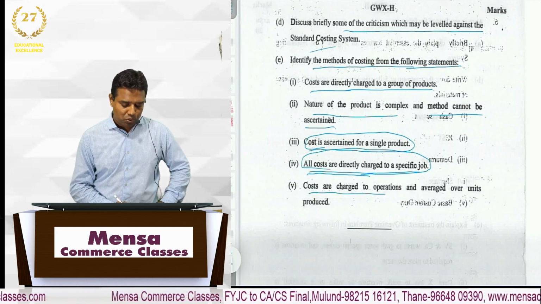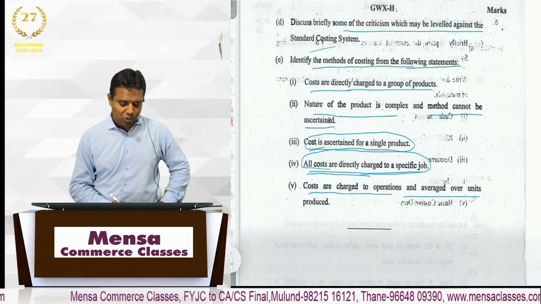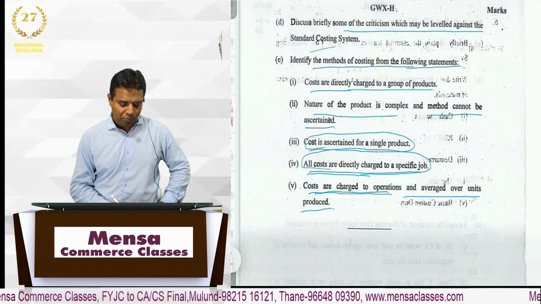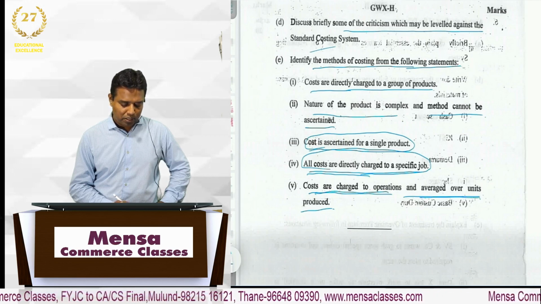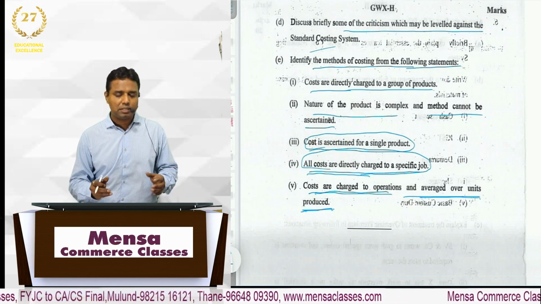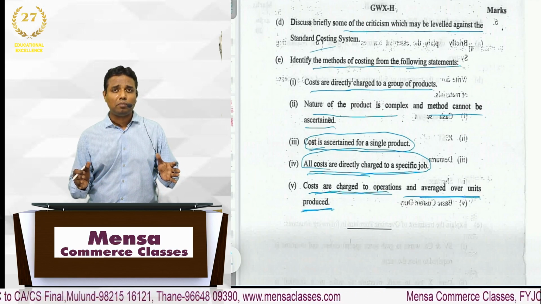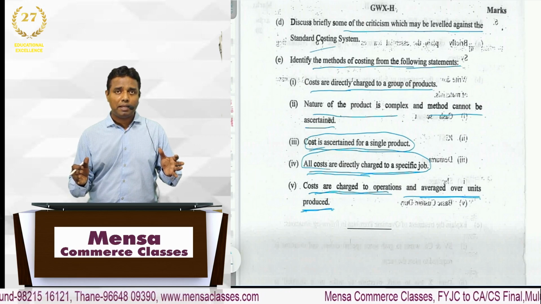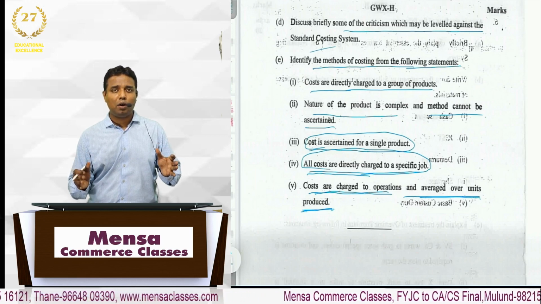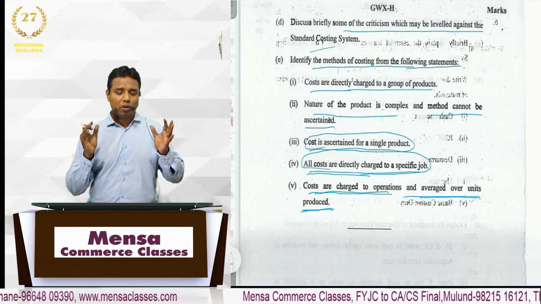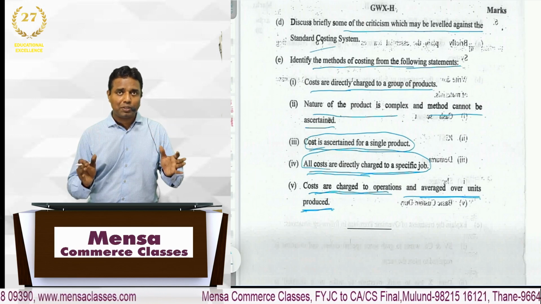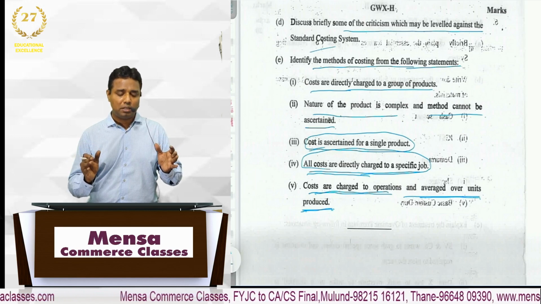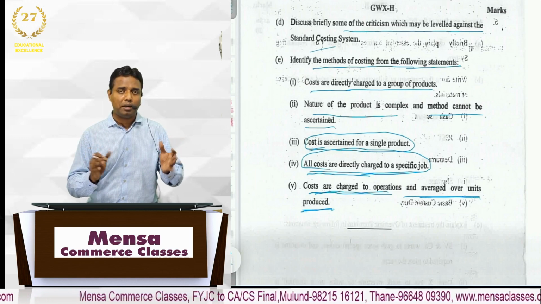Costs are charged to operations and averaged over units produced. So this is nothing but, you can say, single output, or you can call it a particular batch, because you will produce in lots, and whatever cost is incurred is charged to that particular lot and averaged out.